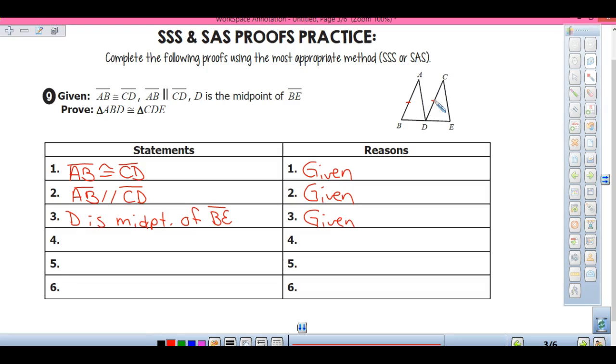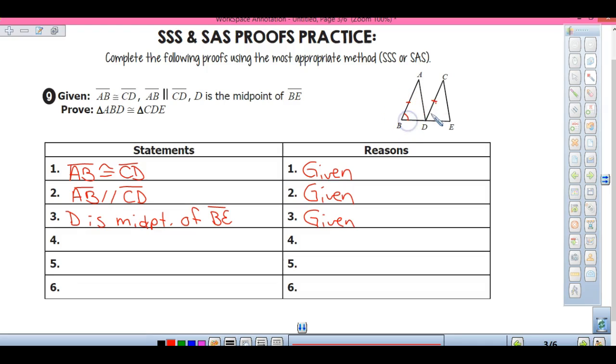Okay, so now, according to this, AB is parallel to CD. According to your gold sheet, if you have parallel lines, what am I looking for? Alternate interior angles or corresponding. In this case, we don't have alternate interior angles. We have corresponding.